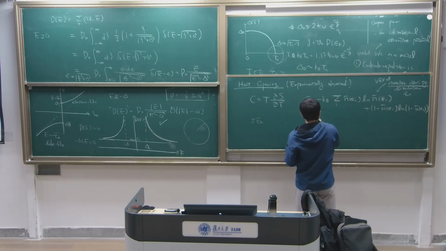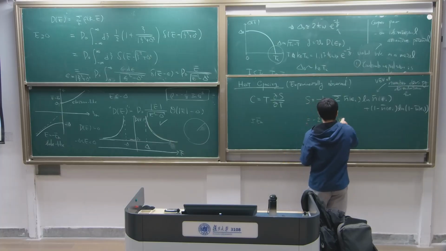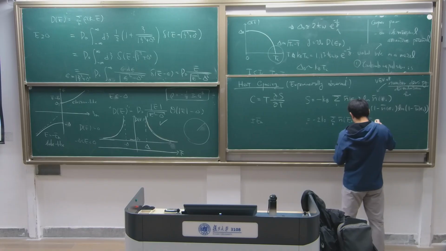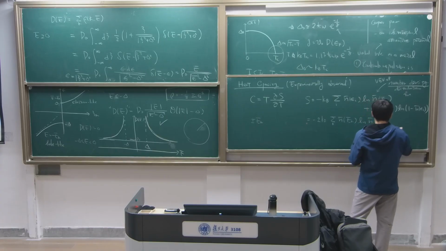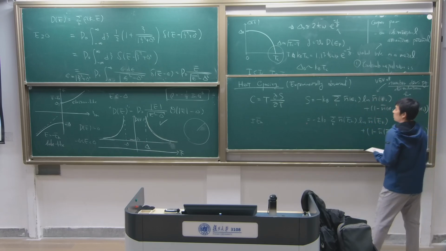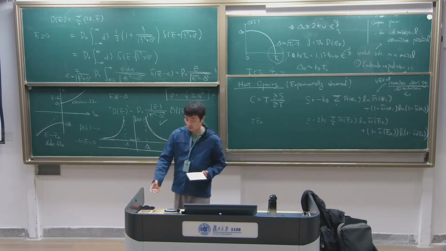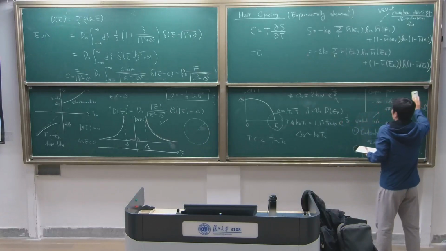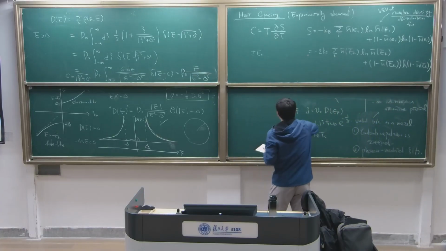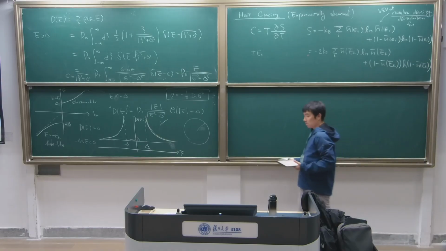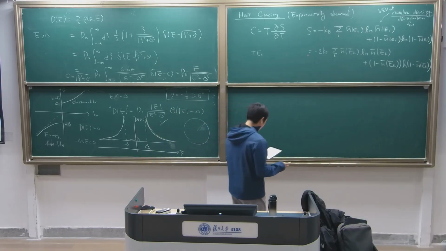So this can be written as minus 2 k_B sum over k of n bar log n bar plus 1 minus n bar log of 1 minus n bar.